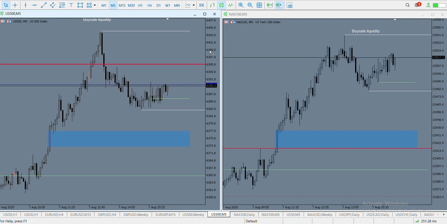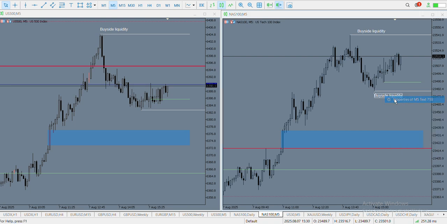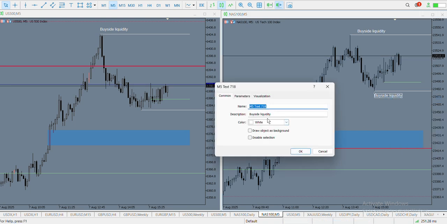So the buy side and sell side liquidity pools are clearly defined. They're not really ambiguous. There's a price point that you can see: above all highs rests buy side, below all lows rests sell side.